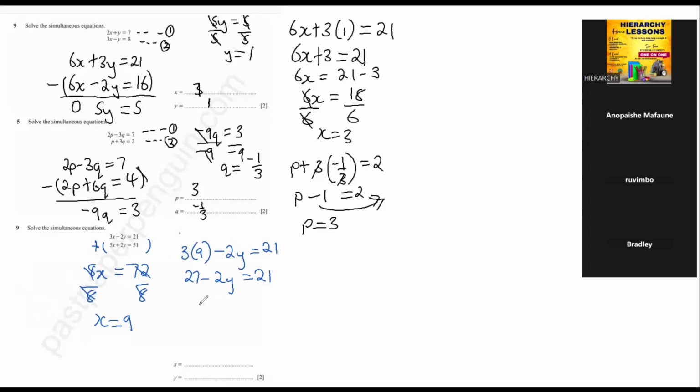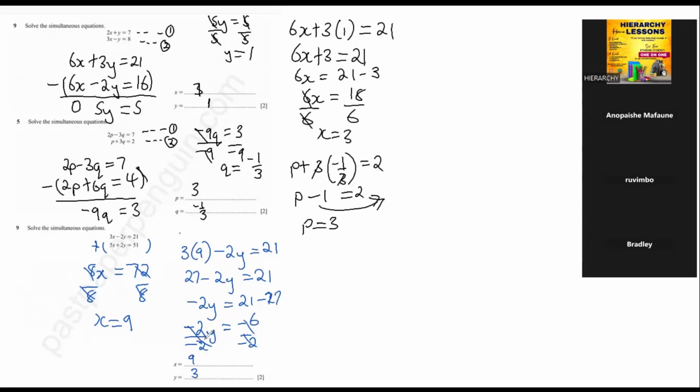Then we move 27 to the right side, so minus 2y is equal to 21 minus 27, which is minus 6. Then we divide, and y is equal to 3. Okay, y is equal to 3, and x is equal to 9.